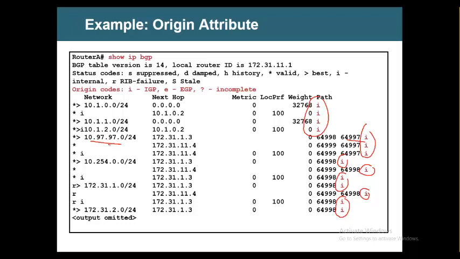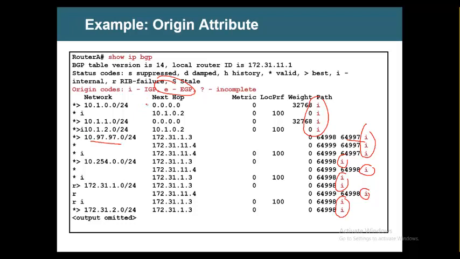Okay, so if you don't see I, you will see a question mark, which means in that autonomous system 64997, maybe from OSPF or from a static route, they might have redistributed into BGP. You will never see this E anywhere because this is no more a protocol anywhere.